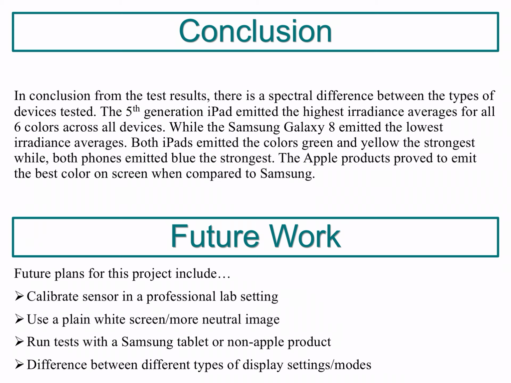And finally, I would like to test if there's a difference between different types of display settings and modes. This includes different brightness levels, and also I'm curious about the night mode to see how much that affects the output of color on screen, and also how much it lowers the color on screen.